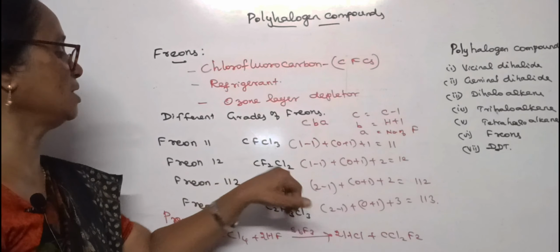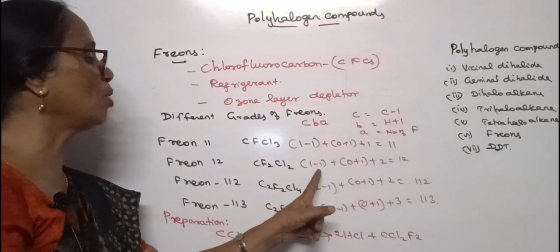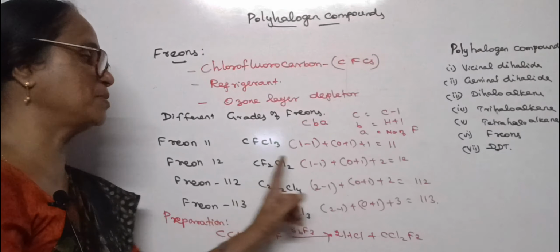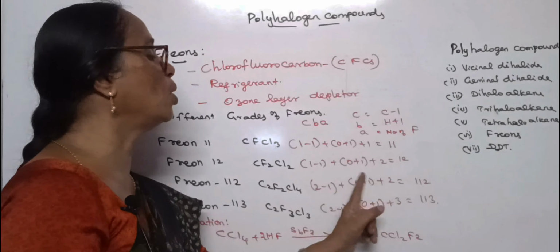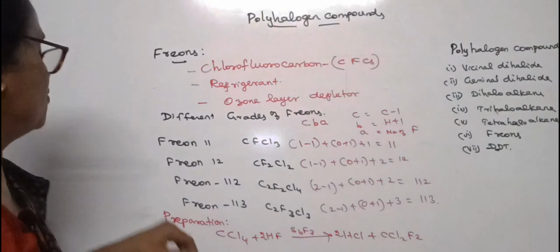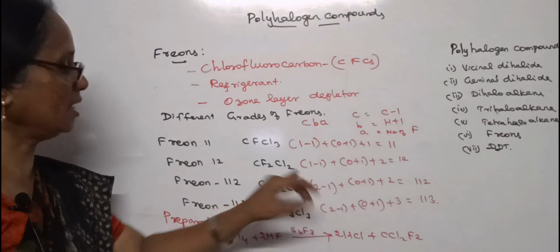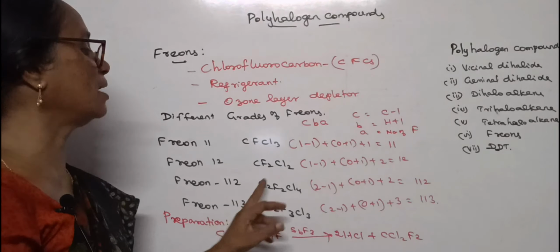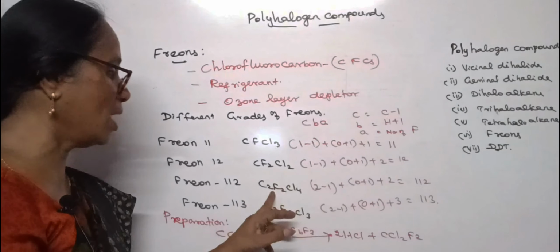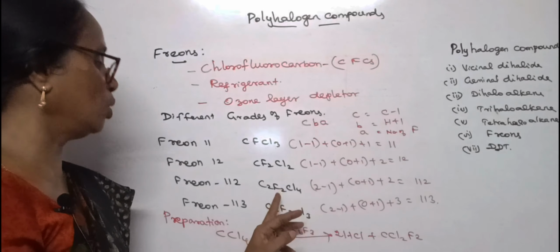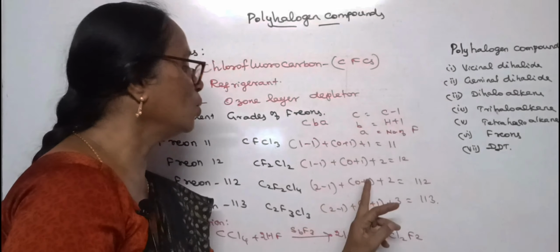Similarly, CF2Cl2: carbon 1 time present, 1 minus 1, hydrogen absent so 0 plus 1, 2 fluorine so 2, and the code develops 12. For C2F2Cl4, 2 carbon atoms are there, so 2 minus 1, no hydrogen, 0 plus 1, 2 fluorine, so 1, 1, 2.